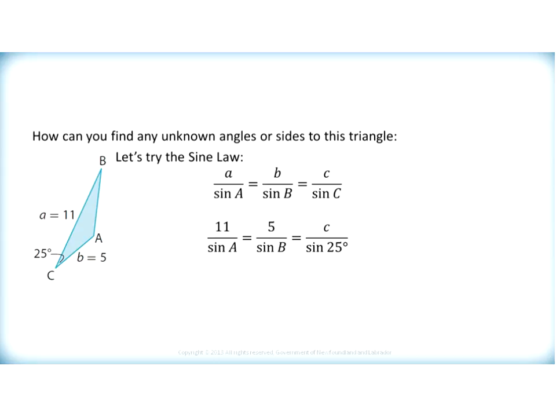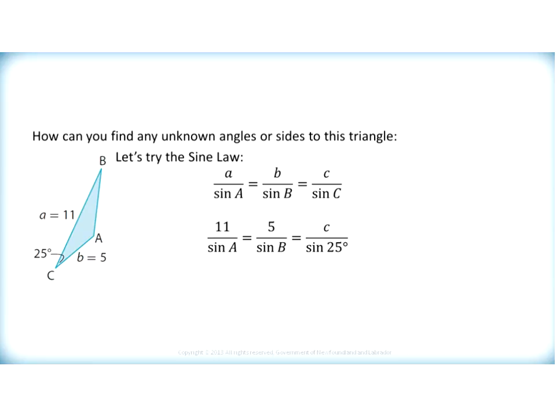I have side a is equal to 11, side b is equal to 5, and angle C is equal to 25. So using sine law, in no cases here do I have a completed ratio. In all three ratios, I'm missing a part.